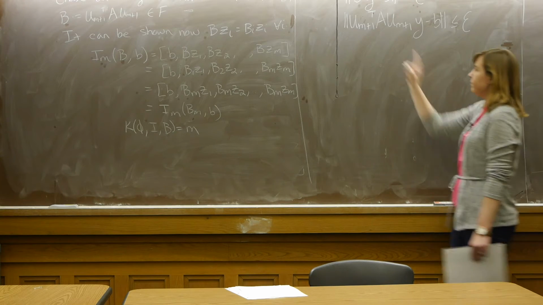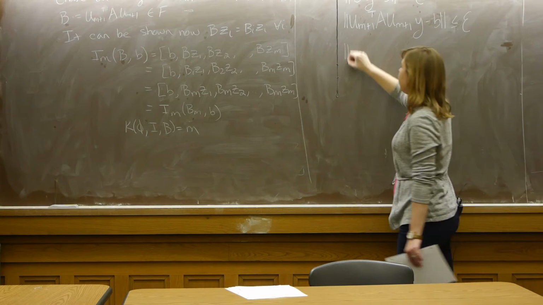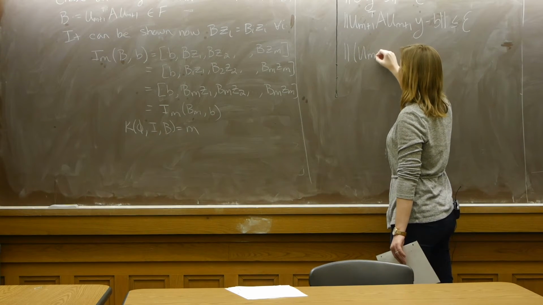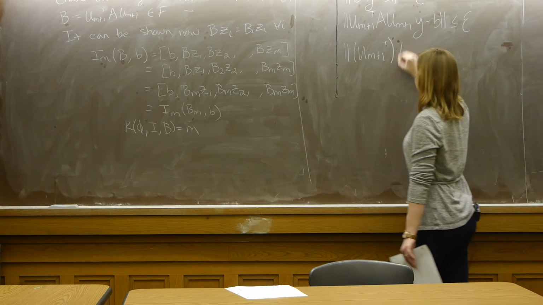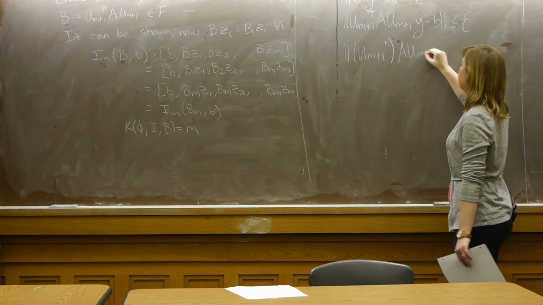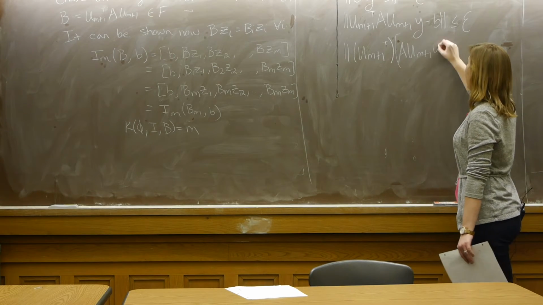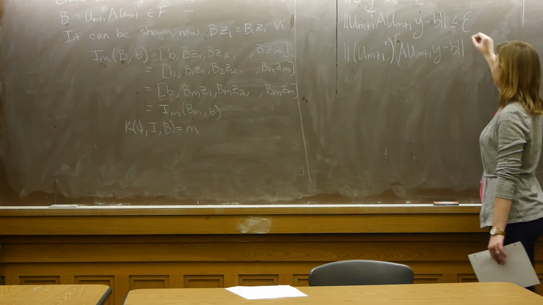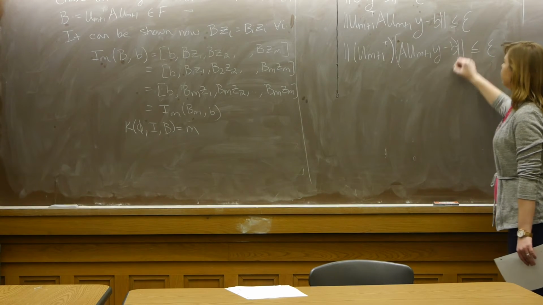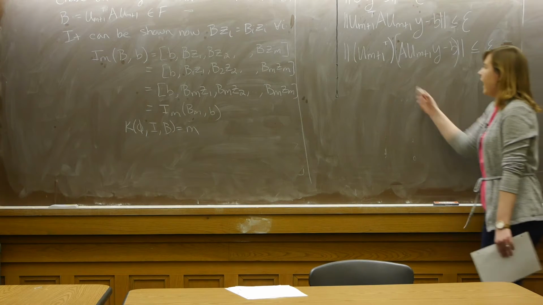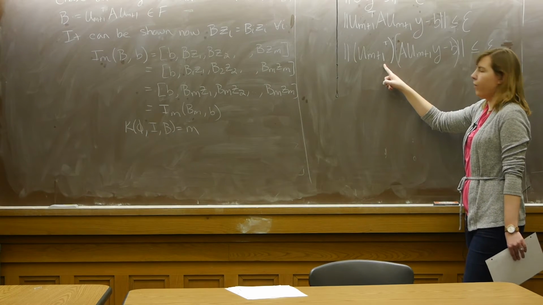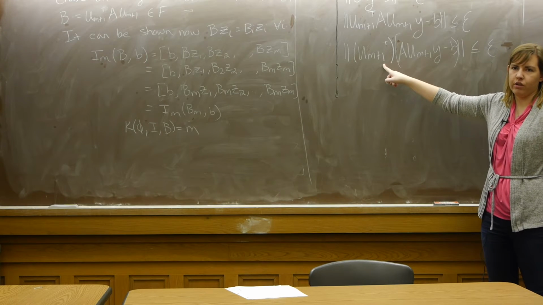All right, so now if we factor out U_{m+1} transpose A U_{m+1} y minus B, essentially I want to take this out of the norm.